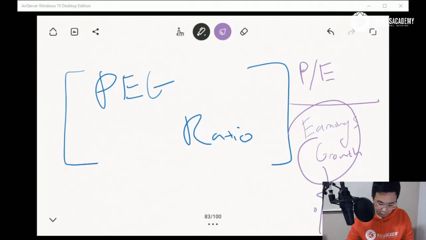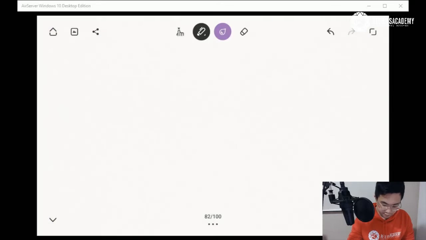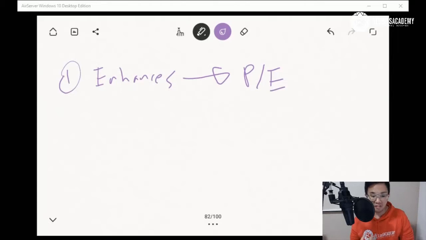So now, what is this ratio good for? It's good for three things. Number one, it further enhances your price to earnings ratio by adding in expected earnings growth.